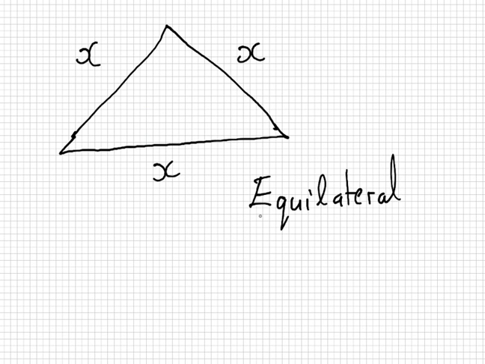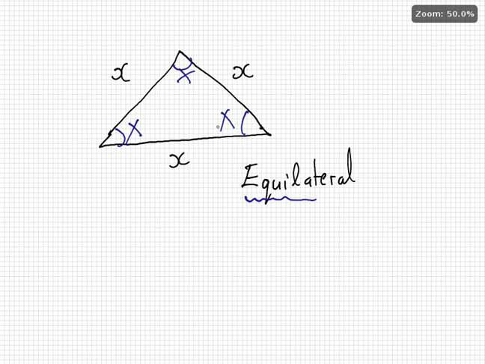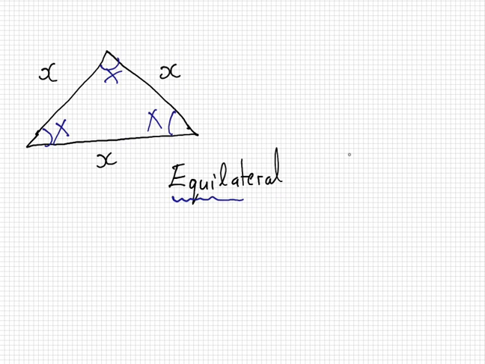Now, in this triangle, all the sides are equal. And all the angles are equal as well, 60, 60. It would have to be 60, wouldn't it? This triangle is called equilateral. And then the other one? Isosceles, yes. Two sides are the same.